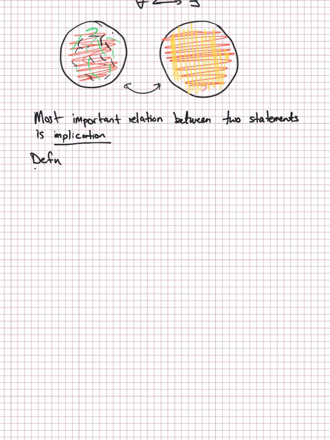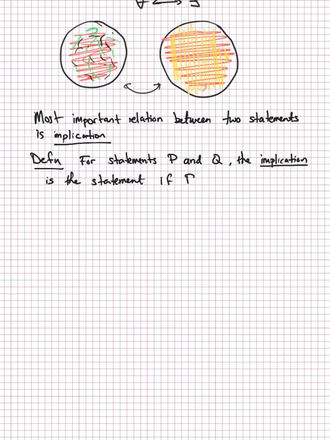The definition is, for statements P and Q, the implication is the statement if P then Q. We also write P implies Q, or say P implies Q.